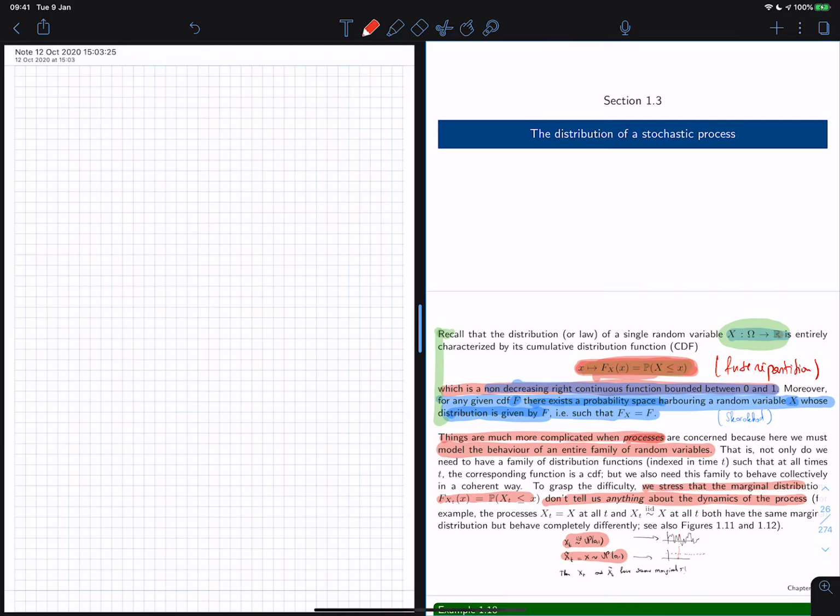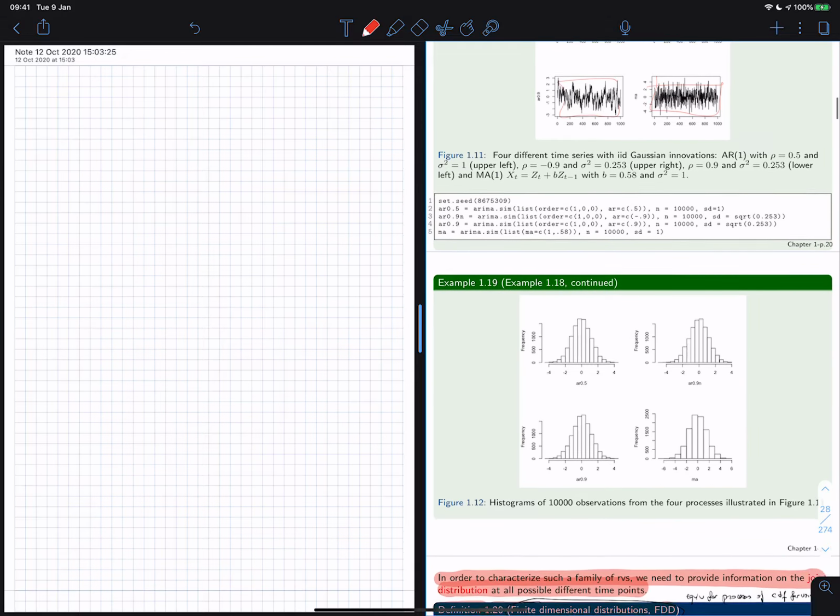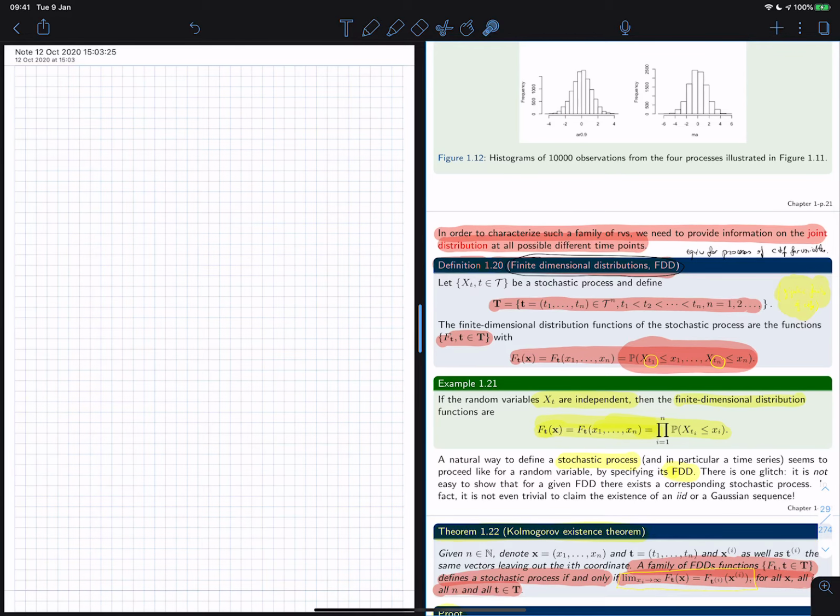The same kind of thing exists for a stochastic process, and it's called the finite dimensional distributions. It's the collection of all CDFs, cumulative distribution functions, associated to any collection of time points t1 to tn.